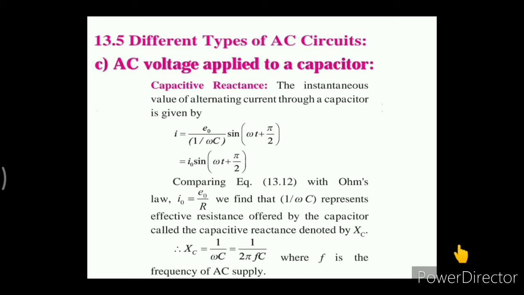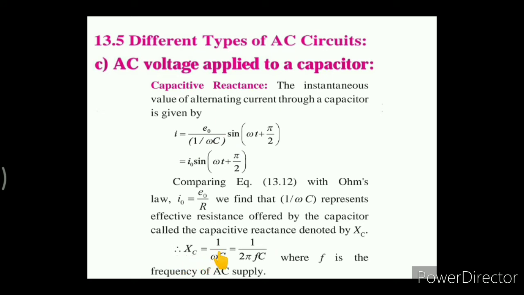Now on comparing the equation I0 is equal to E0 upon 1 upon omega c with Ohm's law I0 is equal to E0 upon R, we find that the factor 1 upon omega c represents the effective resistance offered by the capacitor, and hence it is called the capacitive reactance, denoted as Xc. So we can write this 1 upon omega c as the opposition offered by the capacitor, known as the capacitive reactance Xc.